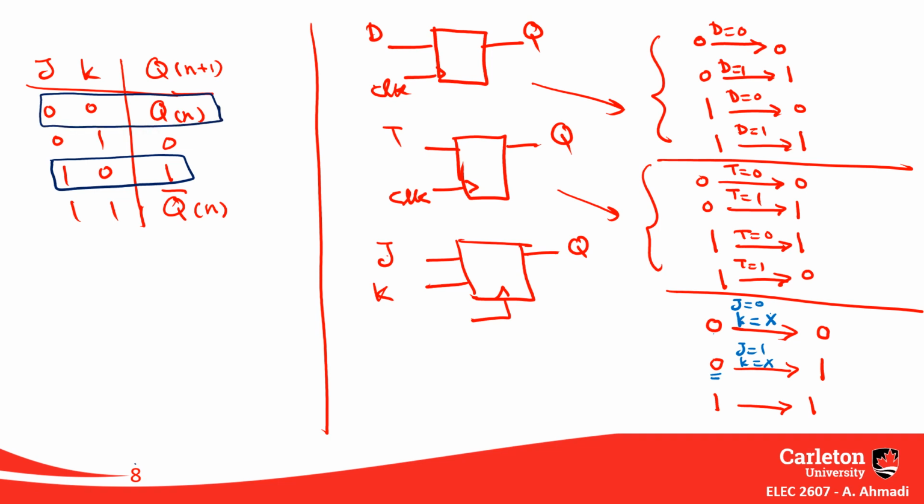These two combinations of inputs will do this transition for you, transition from 1 to 1. So it can be either 0 0 or 1 0. By looking at this, you see that J can be either 0 or 1, but K must be 0. So the transition will happen if J is don't care, it doesn't matter if it's 0 or 1, but you make sure that K is equal to 0.